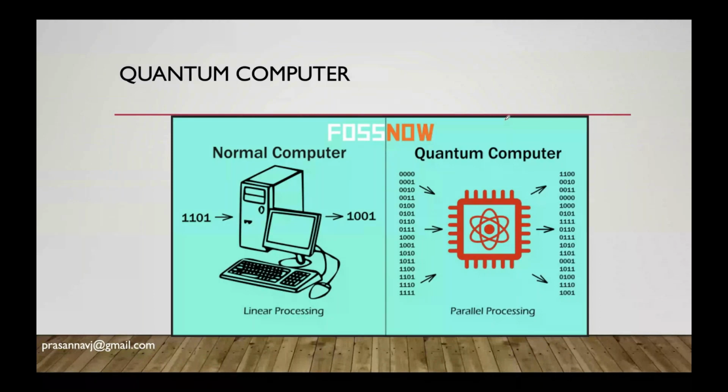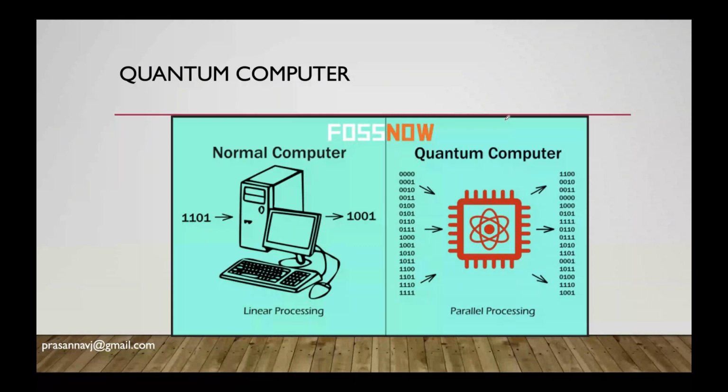If you have a 4 qubit quantum machine, you can get the value of all the different combinations in the first single step itself. That is because all the qubits possess and exhibit both zeros and ones at the same time.